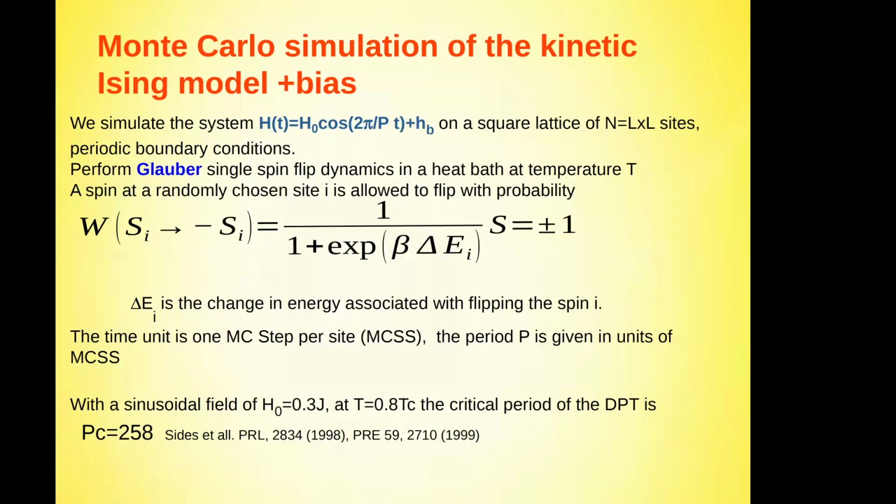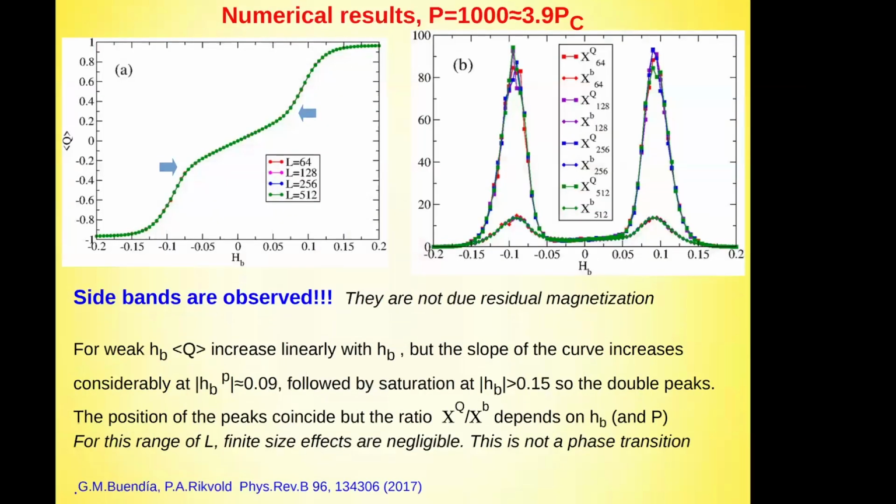There are well-known values: depending on the magnitude of the oscillating field at a certain temperature, the critical period is well known. Okay, what did we get? We were very happy. What we got was exactly the sidebands. Here we plot the order parameter, the average magnetization Q, with respect to the bias.